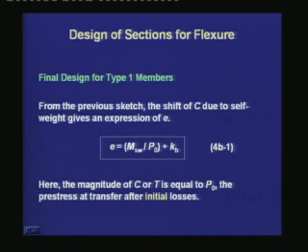From the previous sketch, the shift of C due to self-weight gives an expression of e. e is equal to MSW divided by P0 plus kb.